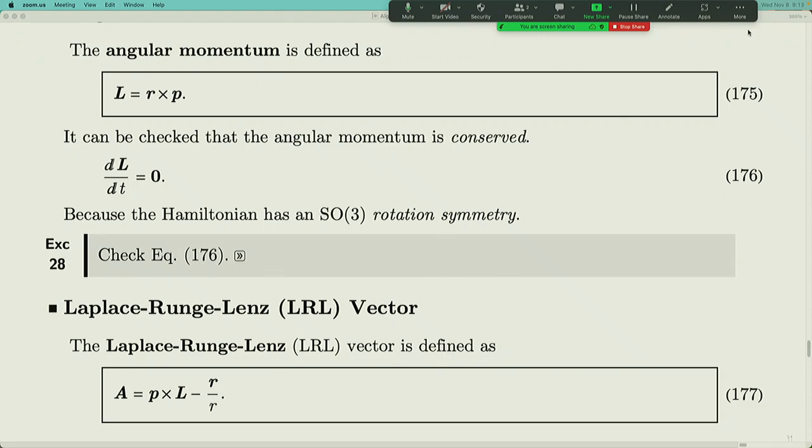Now suppose you have r transpose, O transpose, O, and then r. If you want to preserve the norm of the vector, this O transpose O must behave like an identity matrix. So that's the definition of an orthogonal matrix.